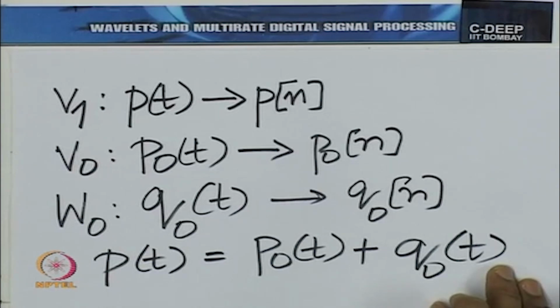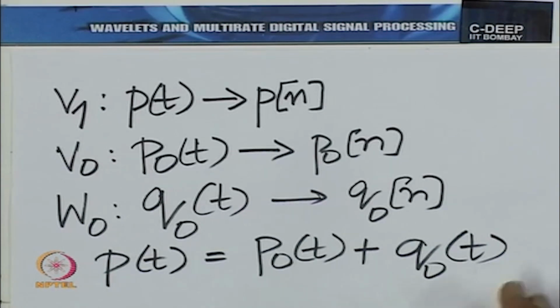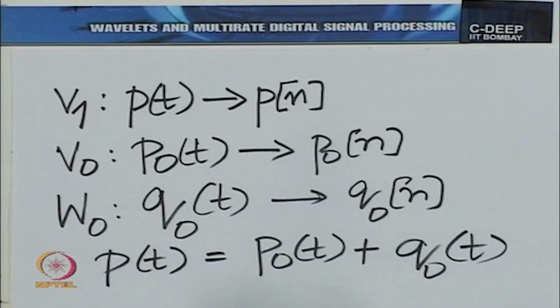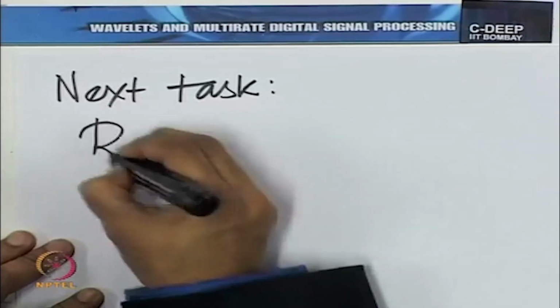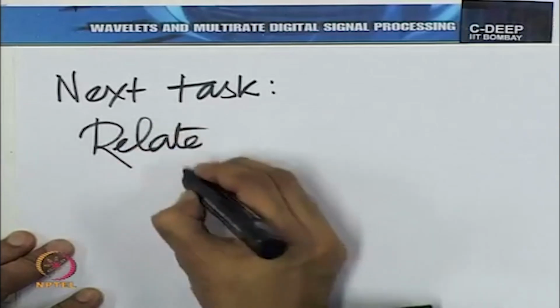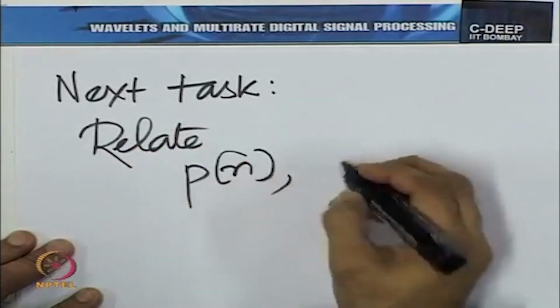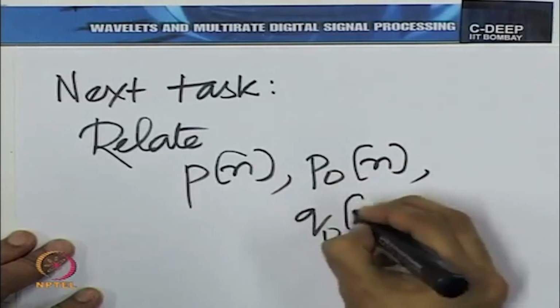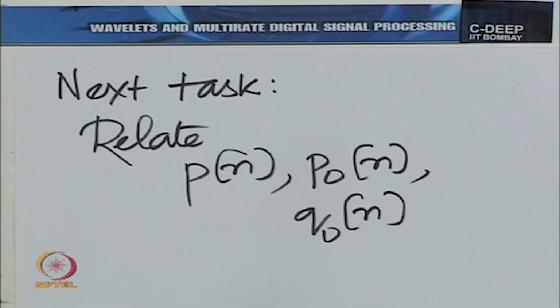So, now we need to establish a relation between P 0 n, Q 0 n and P n, and that is the next task that we would like to undertake. So, our next job is to relate P n, P 0 n and Q 0 n. And in fact, we already have an answer to that question. Let me just go back one step here.